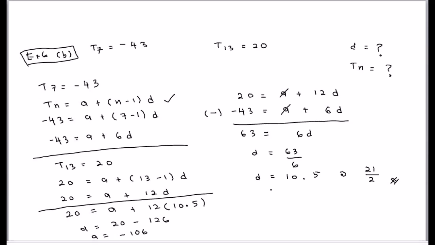Okay, we know the value for d, we know the value for a, we can get Tn. Tn equals a plus n minus 1 d. So a is negative 106 plus n minus 1 and d is 21/2.